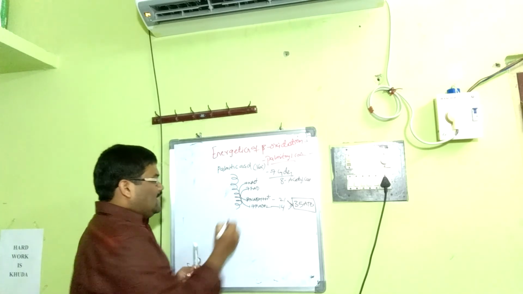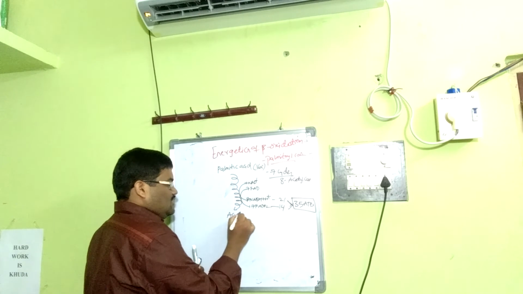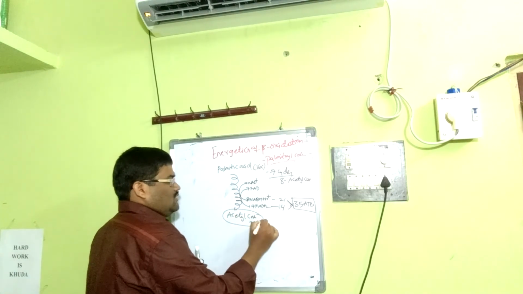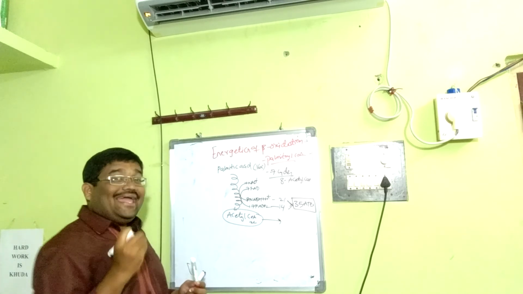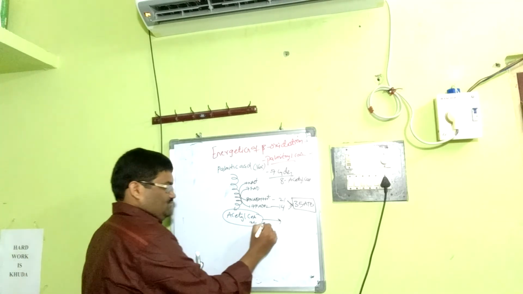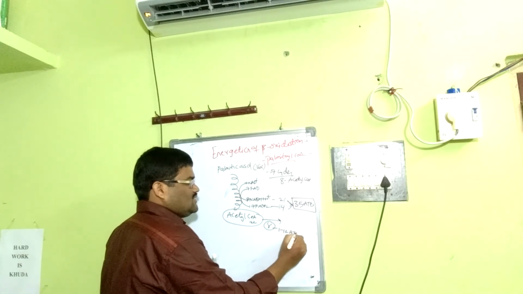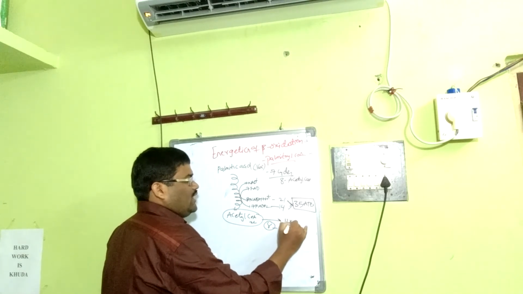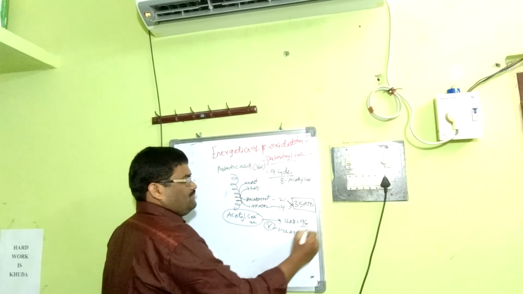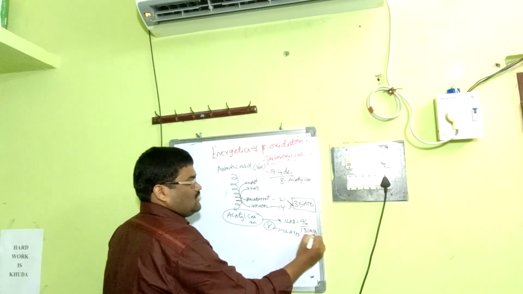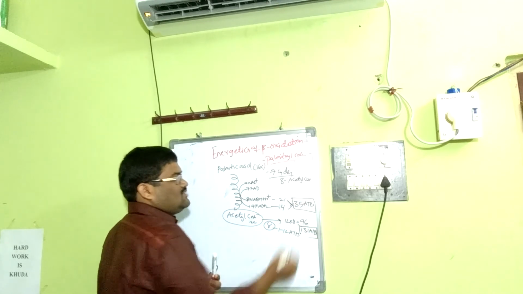Then it leads to acetyl coenzyme A, the most important 2 carbon compound. Totally 8 acetyl coenzyme A we are getting. Each will generate 12 ATPs. So 12 into 8, 96. Totally 131 ATPs, 96 plus 35.